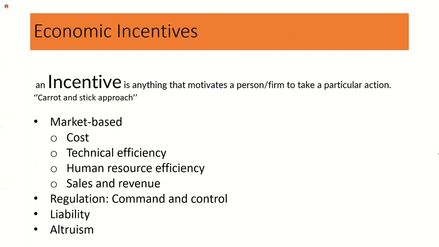There are two types of economic incentives for a firm or for anyone. One is called carrots, the other is called sticks. What's the difference? We know why you would use a carrot: if you show a carrot to a rabbit, what happens? You can incentivize somebody with a carrot.